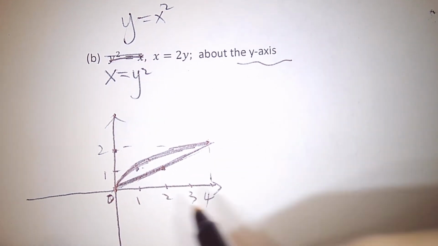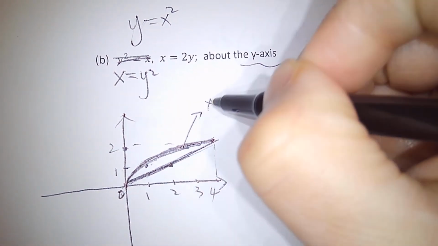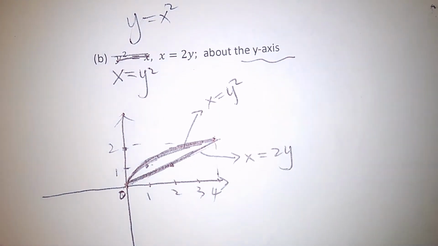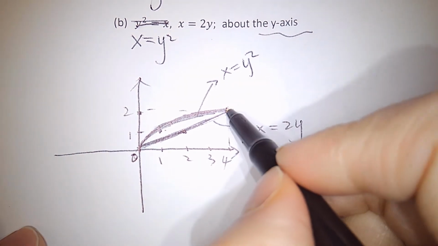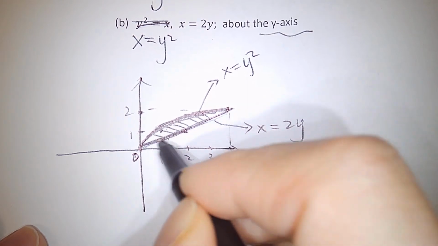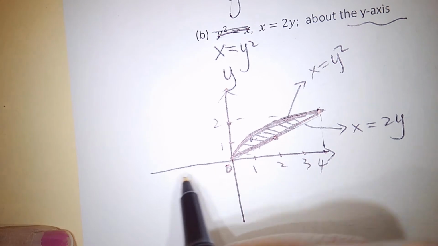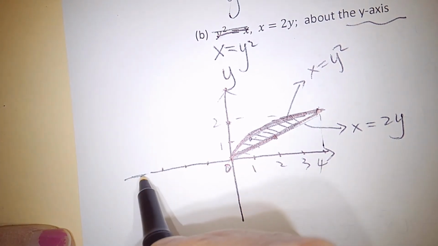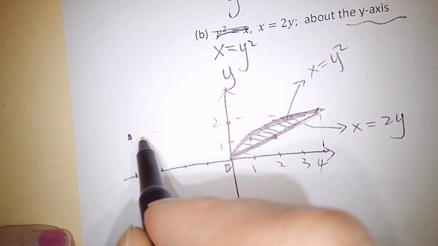You see that? It's a region bounded by the curve x equals y squared, and also x equals what? 2y. So that's good, everybody? We're going to rotate this about which axis? The y-axis. Let's see what we can get. It's symmetric, right?